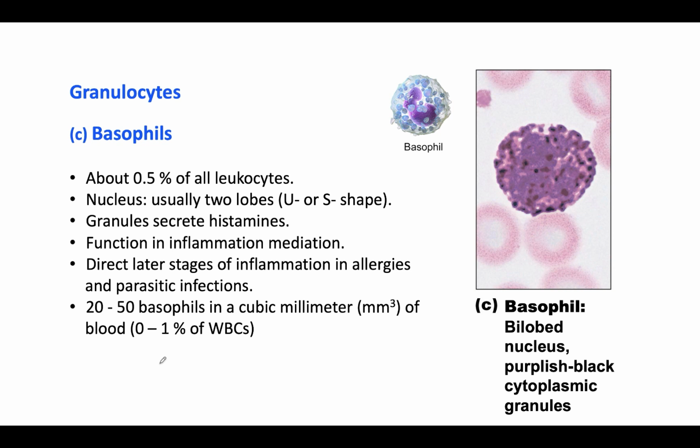Basophils. Basophils compose 0.5% of all white blood cells, so it's not many. The nucleus usually has a U shape or S shape. It's hard to see the nucleus of a basophil, but you can imagine basophil has 2 lobes, and its granules secrete histamine.